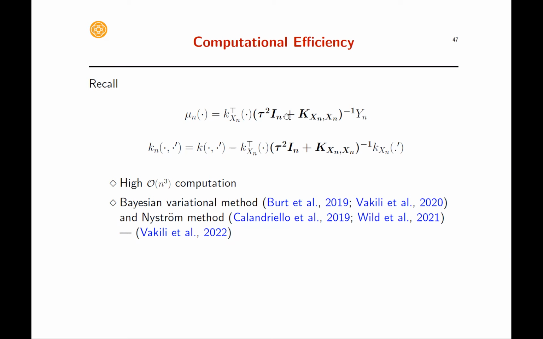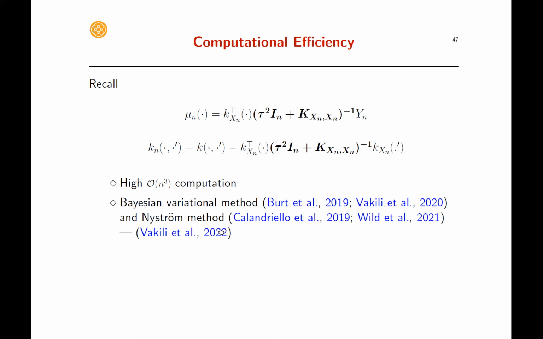Recall that for the prediction and uncertainty estimate, we had these closed form formulas, which have order n cubed computation because of this matrix inversion. But there are other methods, such as Bayesian variational methods or the Nystrom method, which help us do these computations faster, as fast as order n in some cases.